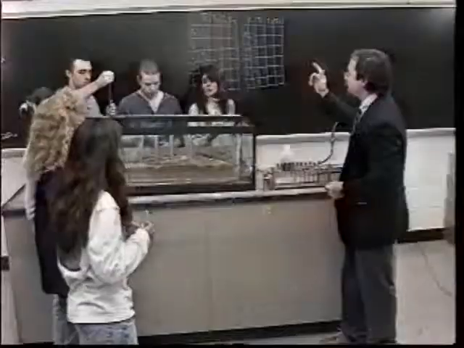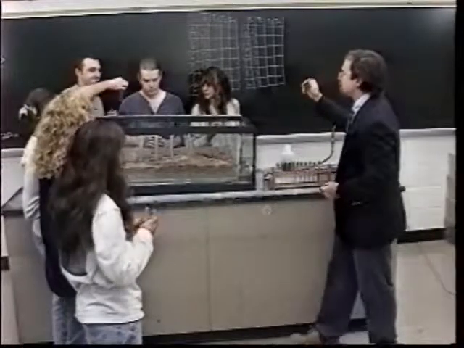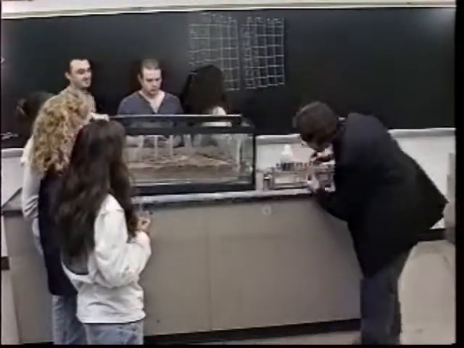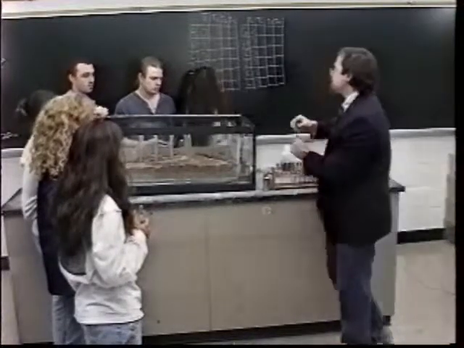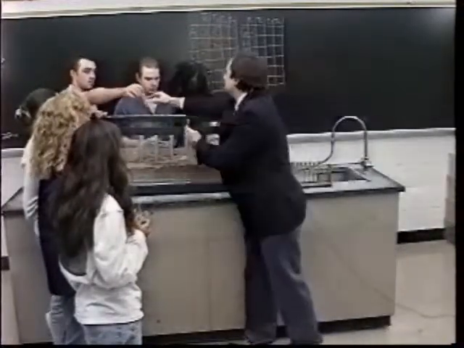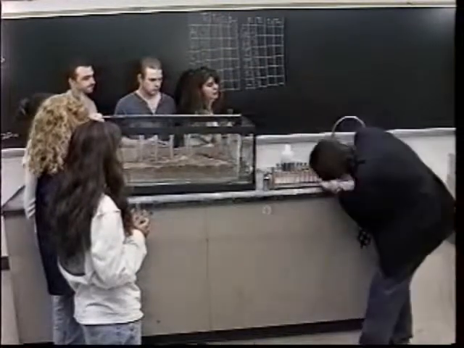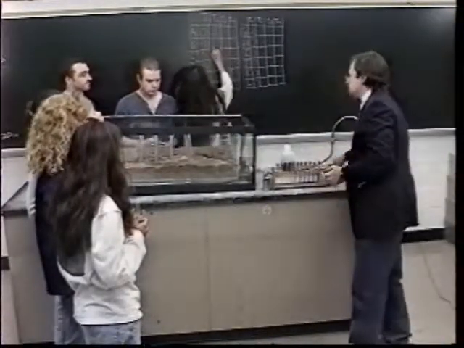Okay, who's got A? Okay, A is a 7. This is B. B is a 10.